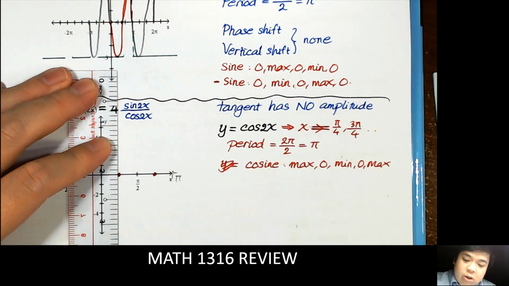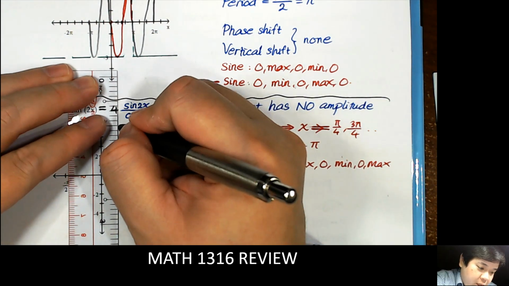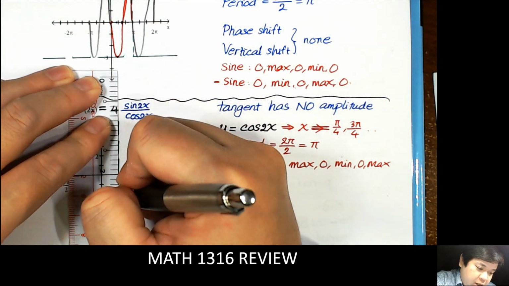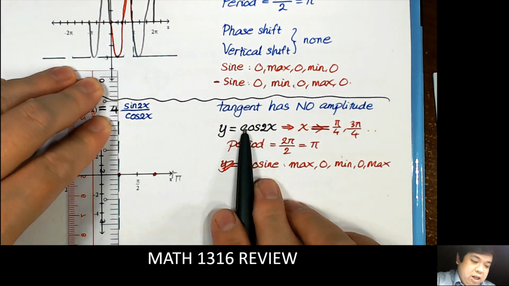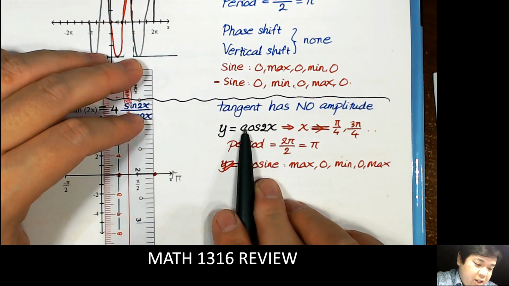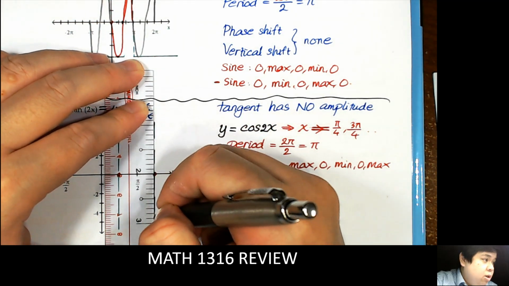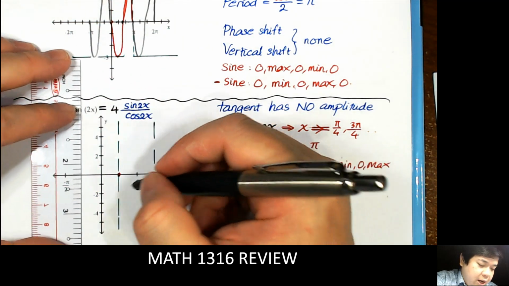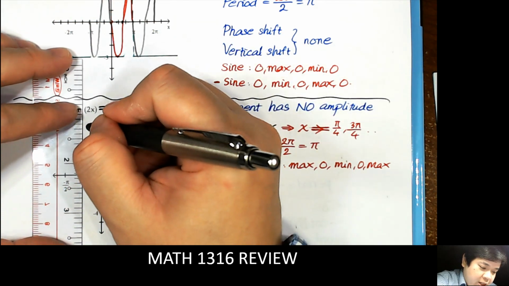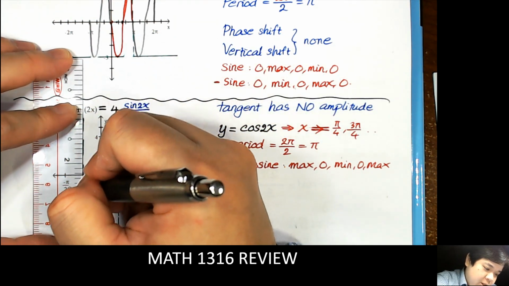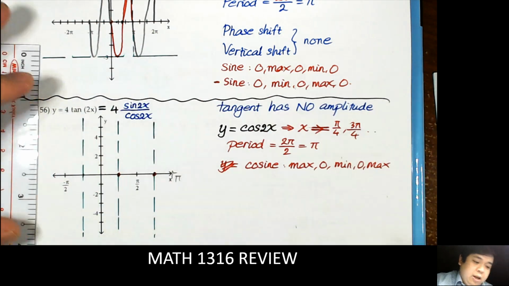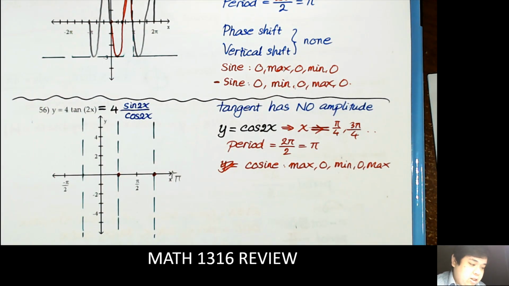So when we have those points, that gives us the asymptotes. So that's where the function is undefined, where the denominator equals 0. So we have the asymptotes here. And halfway here. And the cosine function is increasing.